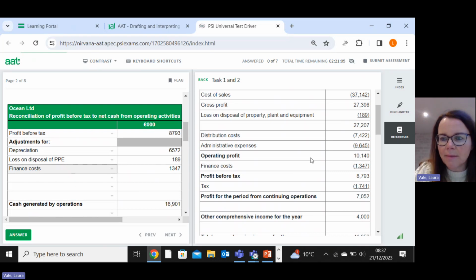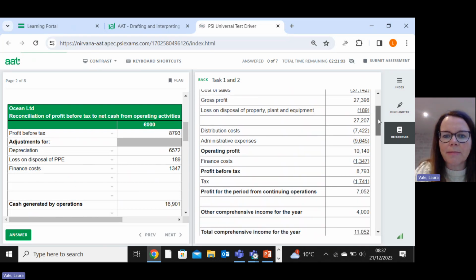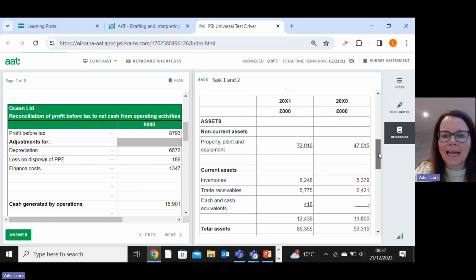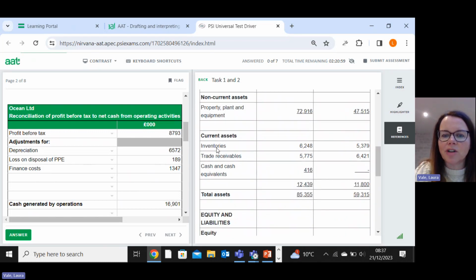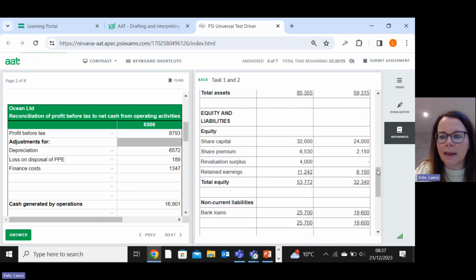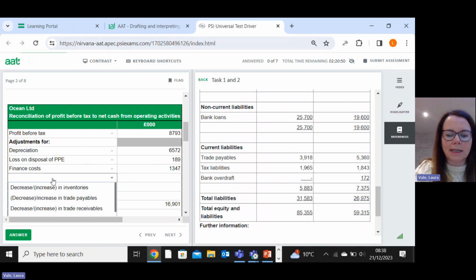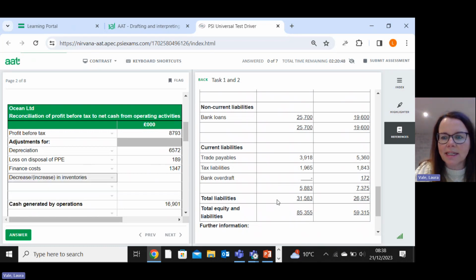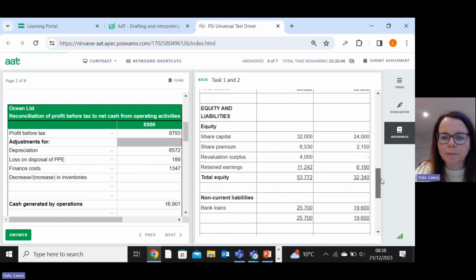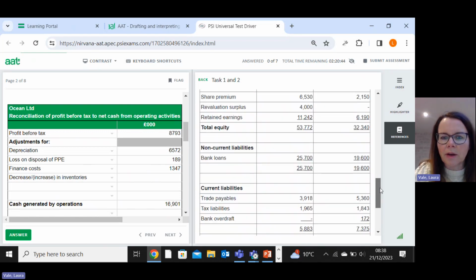Then I've got 3 boxes remaining, which is going to be my movements in my working capital. So that's my inventories, my trade receivables, and my trade payables. Right, so decrease or increase in inventories first of all. So let's find the figure.